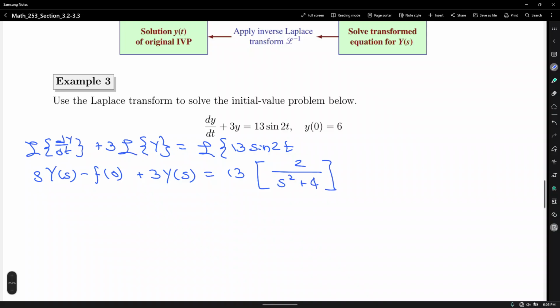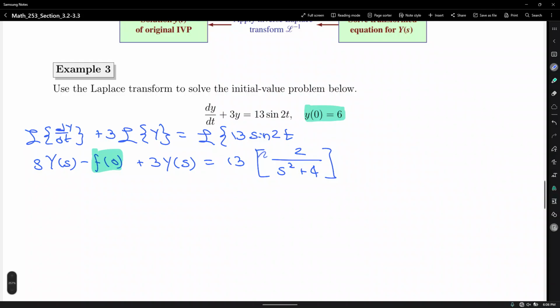Let's simplify things a little bit and substitute our initial condition, y of 0 equals 6. And 13 times 2 equals 26, so 26 divided by s squared plus 4.